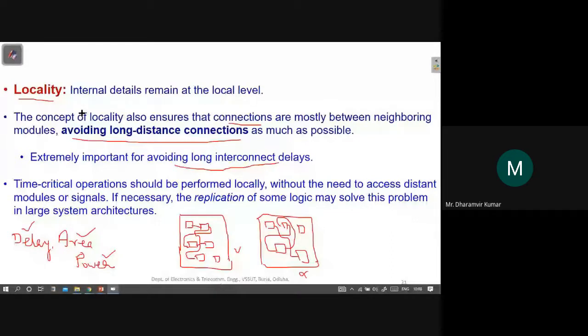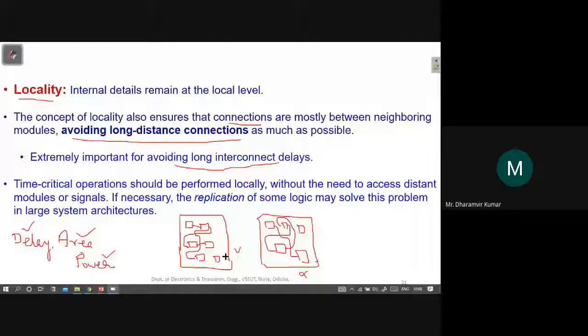It may be possible sometimes, and not possible at other times, because obviously if you place some blocks near to each other, some other blocks automatically go further, and if there is a connection between that further block and one block sitting here, it may happen. But we should look at which blocks are interacting more. We should place those blocks nearer to each other, and the blocks which are interacting less, we can place further.